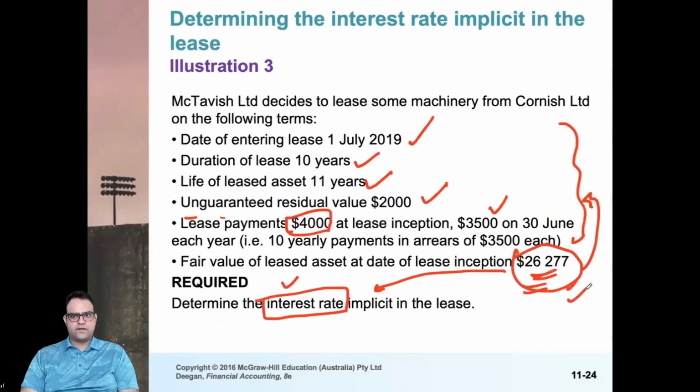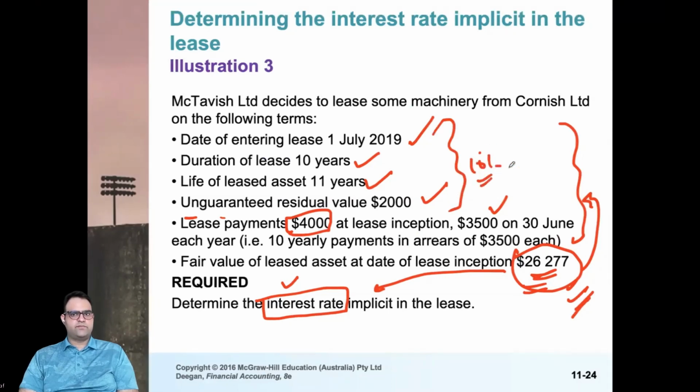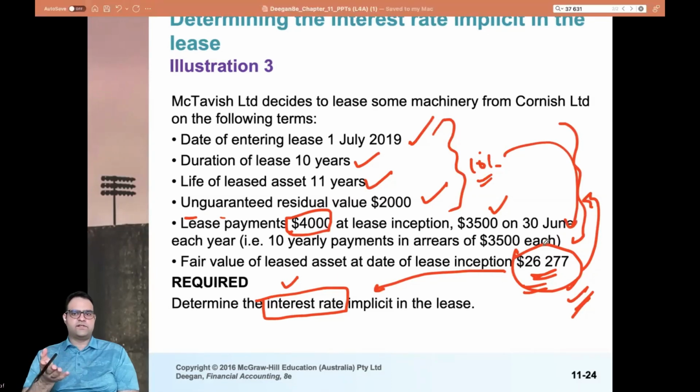So we calculate our present value based on the interest rate, which in this case we take as 10% hypothetically, and it matches the present value of the whole lease installments, the fair value of the asset of the lease. So this is how we solve this question.